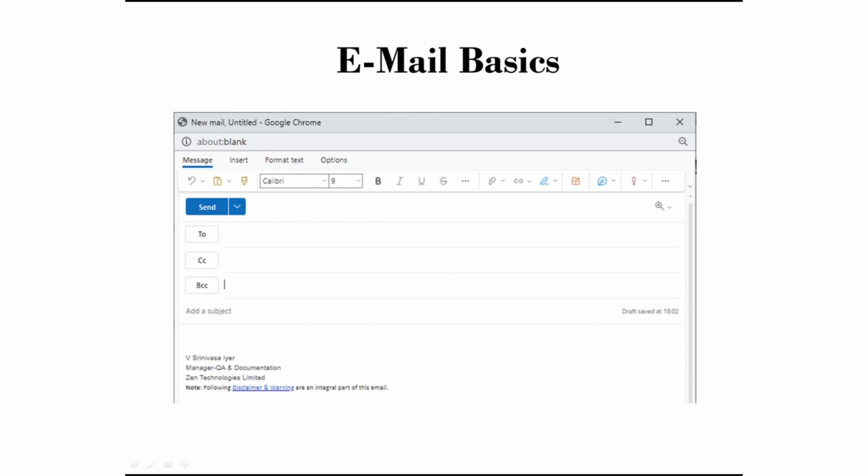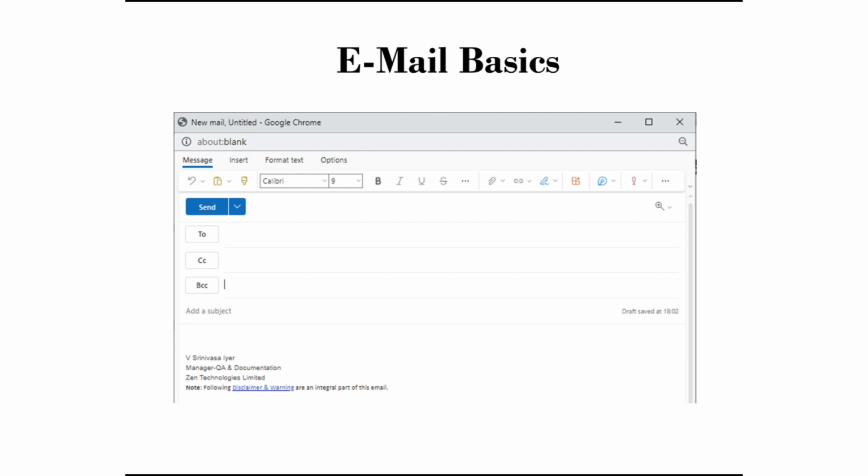Add a subject line, a very concise subject line. We will discuss that in a bit more detail subsequently. This section is actually called the body of the email, right? The body of the email should also be concise. In case you want to explain something in detail, use attachments, right? Because most of us nowadays read emails on a mobile device, right?